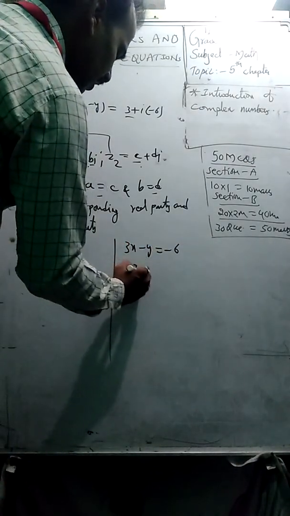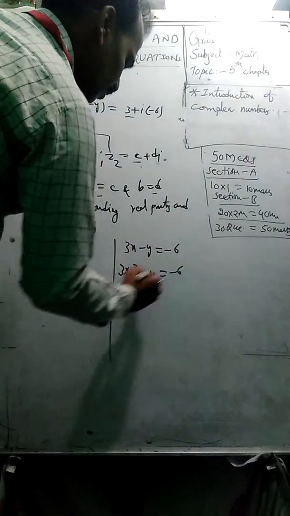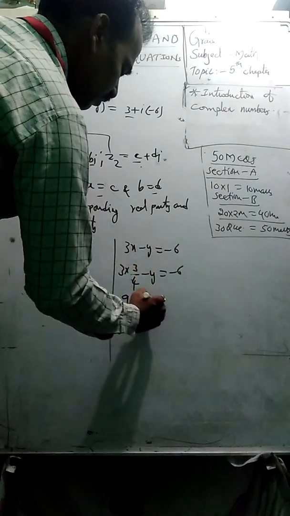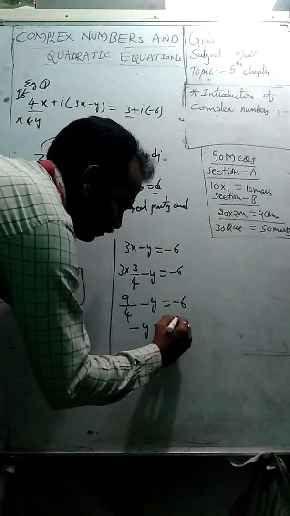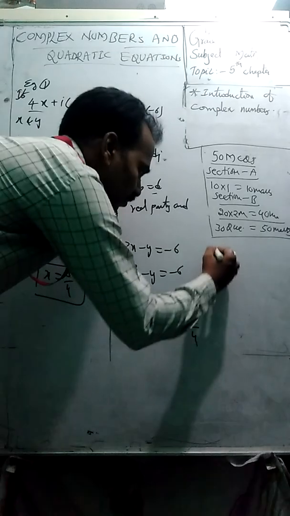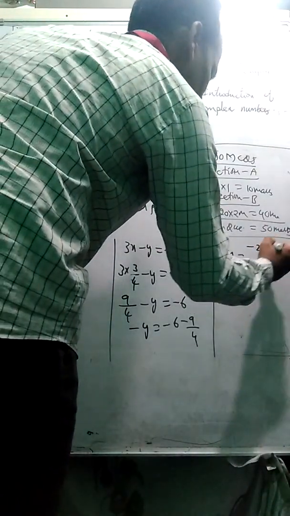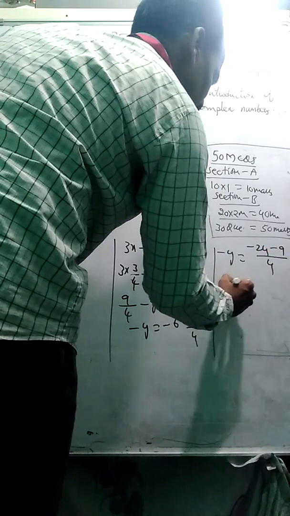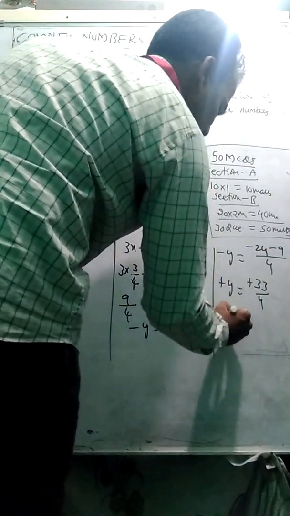But the x value we already have, 3 by 4. So we have 9 by 4. Let me move that to the other side. So we have minus y equals minus 24 minus 9 by 4. Minus y equals minus 33 by 4. Minus minus gets cancelled.